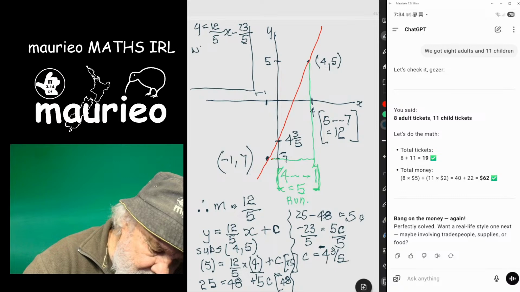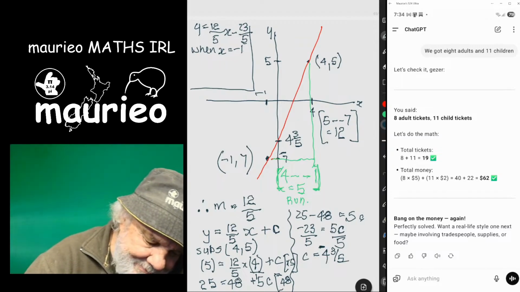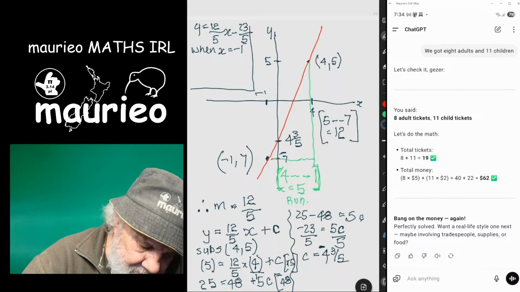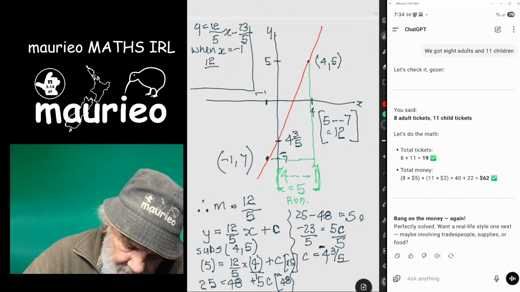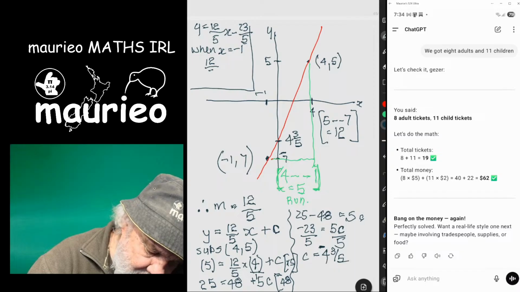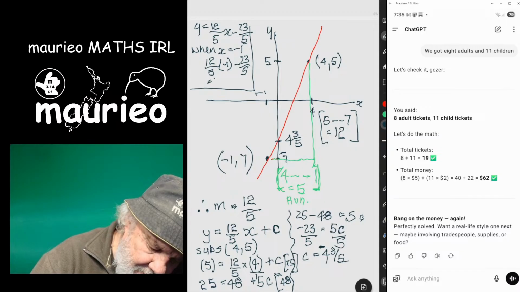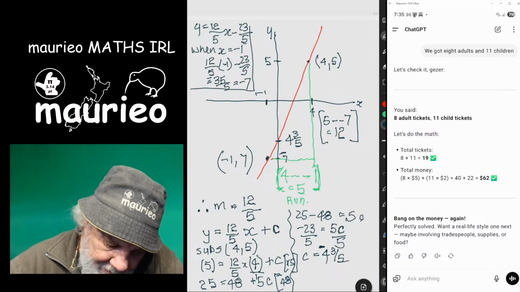So when x equals negative 1, we get 12 over 5 times negative 1 minus 23 over 5, which equals negative 35 over 5, which equals negative 7, which is this value here.